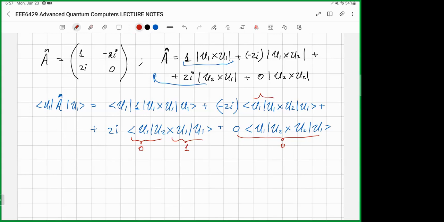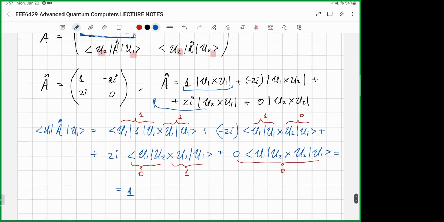Here the same, this u1 u1 equals 1, but u2 u1 gives me 0. And finally here I have u1 u1, which is 1, and another u1 u1 equals another one. So finally only one coefficient survived, which is 1, exactly my element.